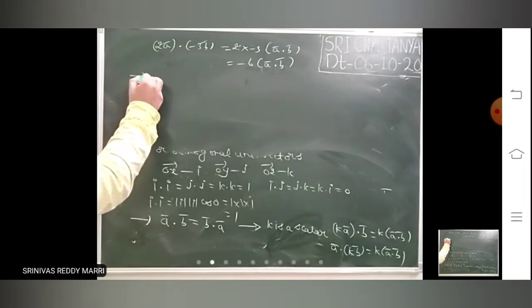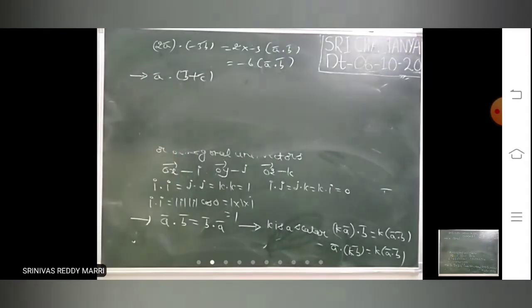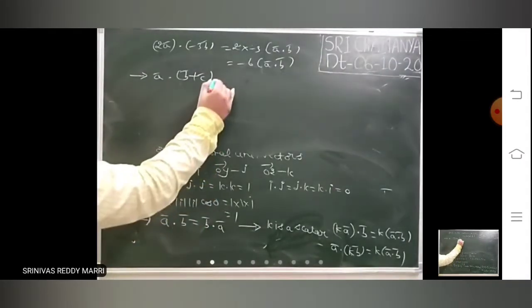Now the distributive property. Suppose A bar dot, B bar plus C bar is there.